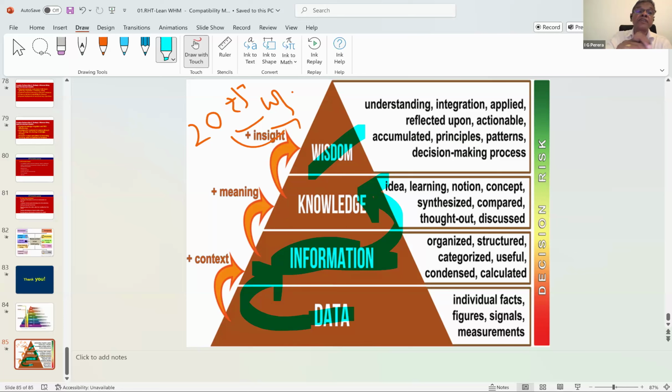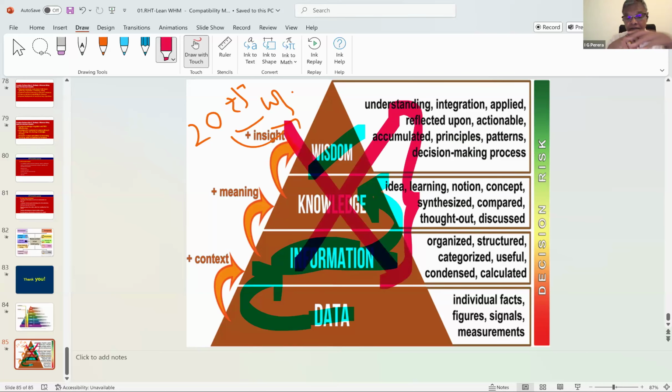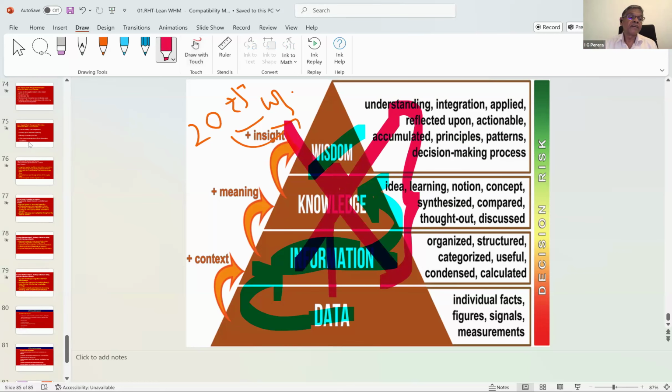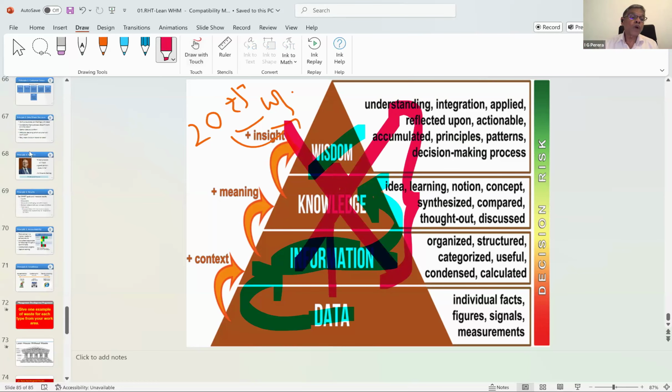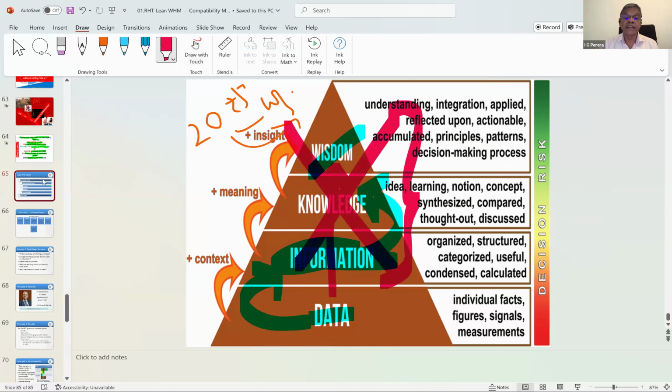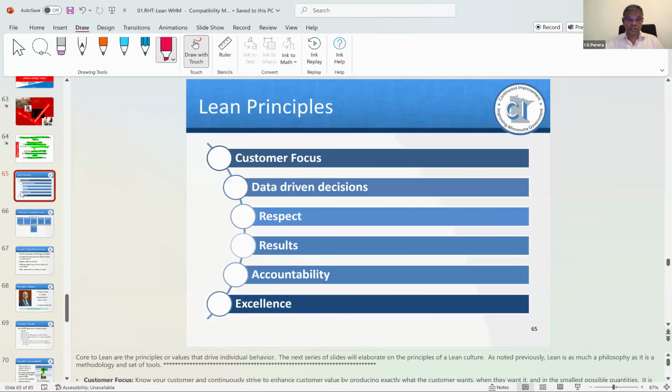So what happens if you don't collect data? Nothing of these will happen. Just because you collected and analyzed data, you will be able to reach wisdom. It is very important. Whatever industry you are in, it is important. So that is one of the principles of lean, data-driven decisions.